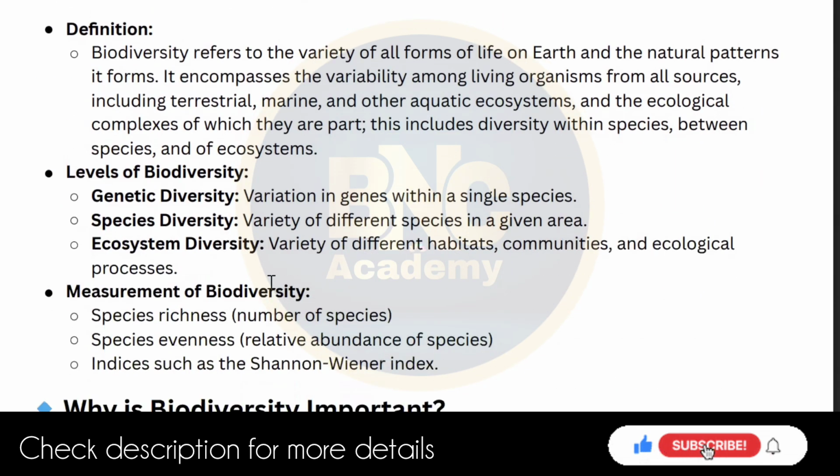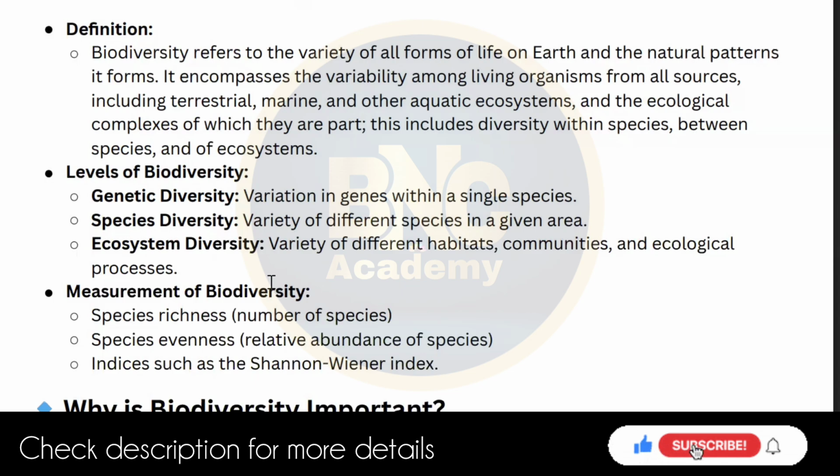The richness of species diversity is perhaps the most visible aspect of biodiversity. It refers to the variety of different species in a given area. Tropical rainforests, coral reefs, and other hotspots of biodiversity are home to an astonishing number of species.